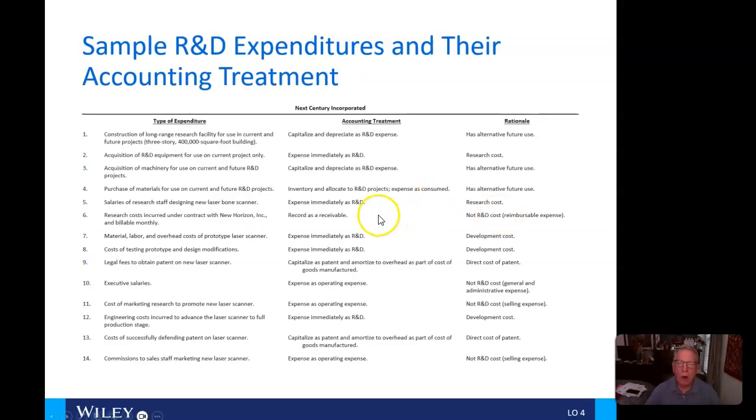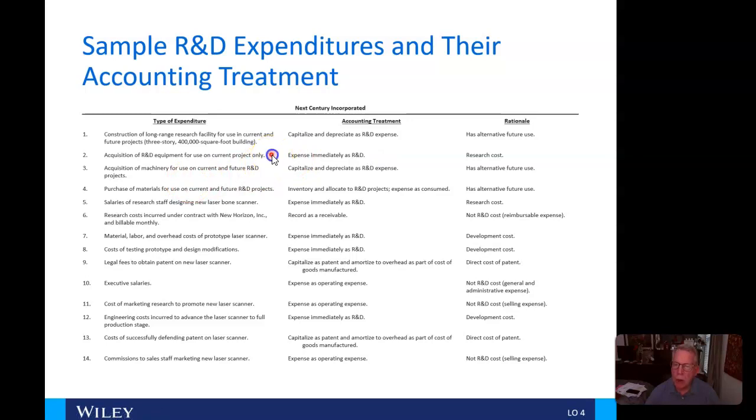So here are a number of different kinds of R&D expenditures. If it's construction of a long-range research facility for use in doing R&D, we'll capitalize that and depreciate it as an R&D expense. But generally, the acquisition of R&D equipment for use on a current project only, we're going to expense that.